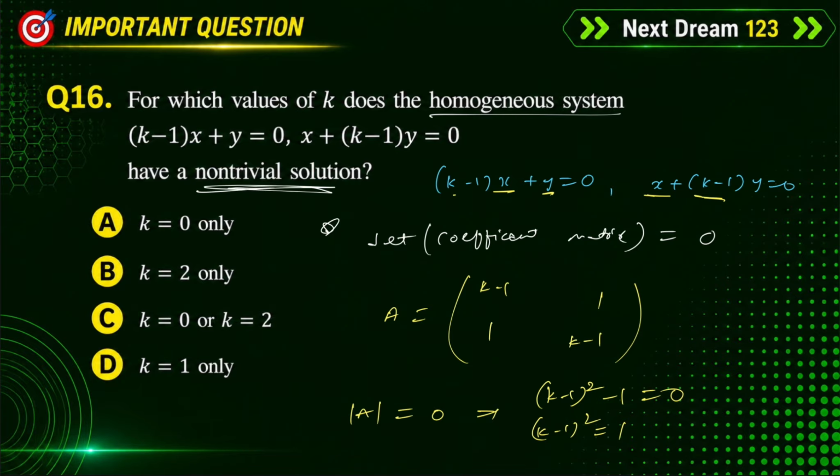Then k minus 1 equal to plus or minus 1. If I shift this minus 1 to that side, we get k equal to plus or minus 1 plus 1. That means I will get two values: one is plus 1 plus 1, which is 2, and one is minus 1 plus 1, which is 0. So k is equal to 0 or k is equal to 2. C is the correct option here.